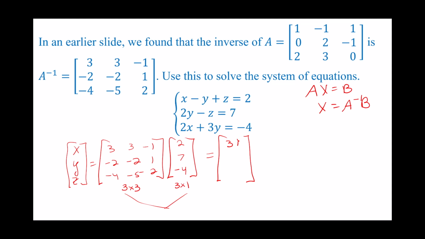Second row, first column, negative 2 times 2 plus negative 2 times 7 plus 1 times negative 4 is negative 22. And third row, first column, negative 4 times 2, negative 5 times 7 plus 2 times negative 4 is negative 51. So the solution to this system of equations is 31, negative 22, negative 51.